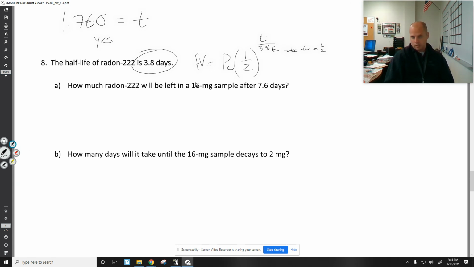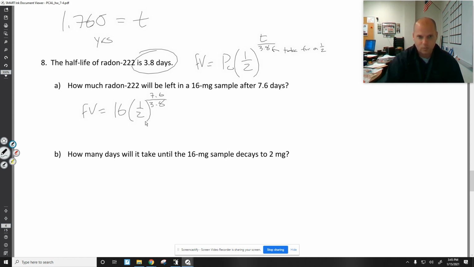We got a 16 milligram sample. We're talking about 7.6 days. That's double the half-life, right? So half-life 3.8. Well, then I'm going to take a half of that again. It's going to end up being a quarter. But let me show you. My future amount equals my initial amount times 1/2 to the 7.6 over 3.8.